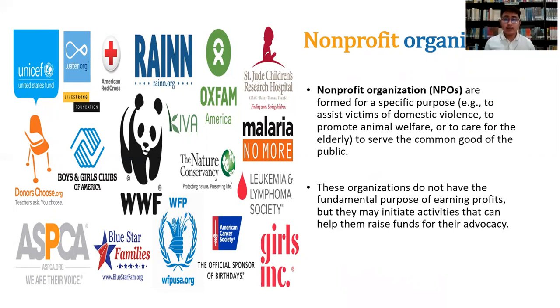So dito class sa non-profit organization, this is a business or an organization that is not aiming to earn a profit. The main reason why they established this organization is to help other people or to initiate activities that can help them raise funds for their advocacy.